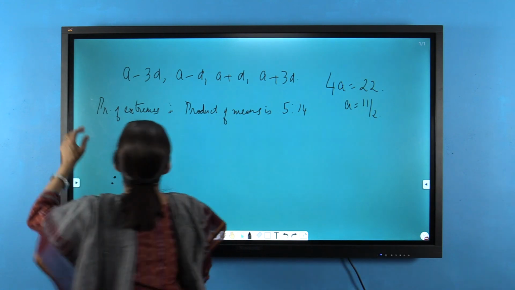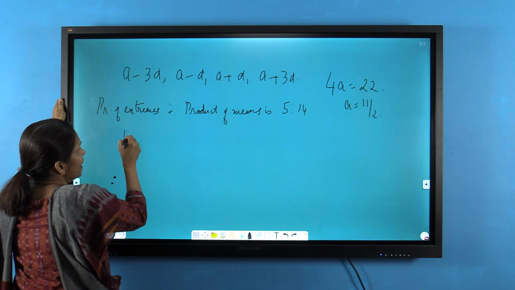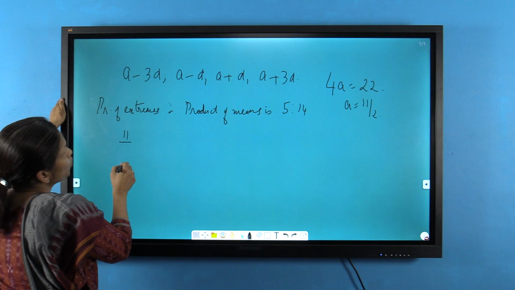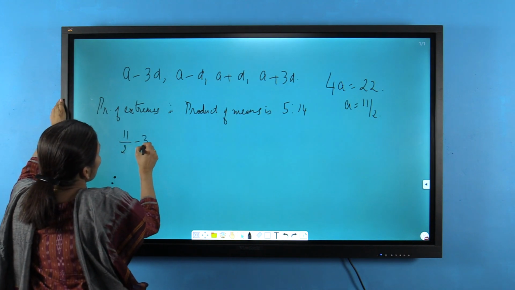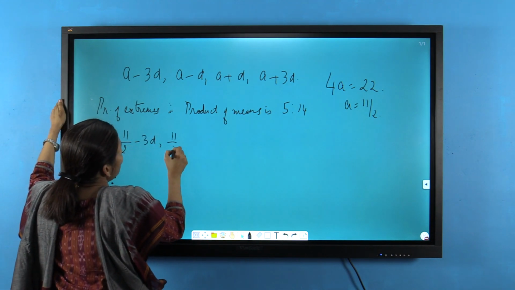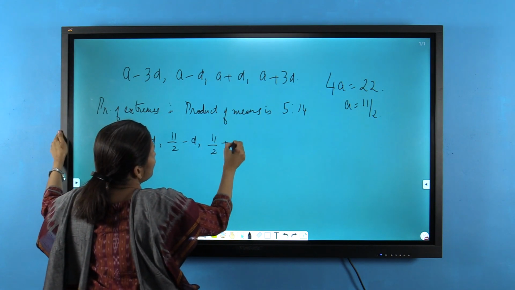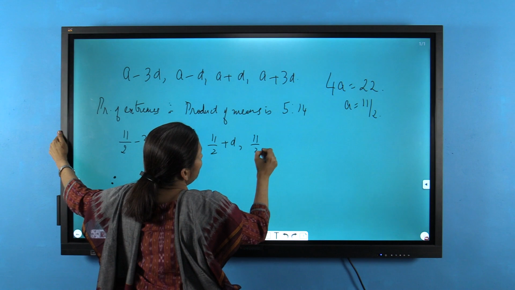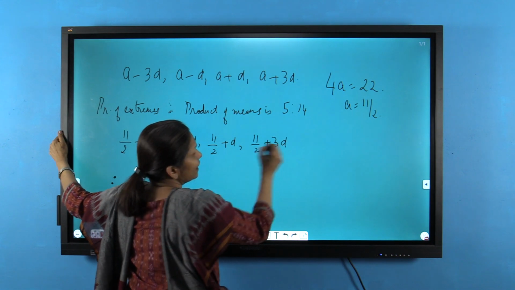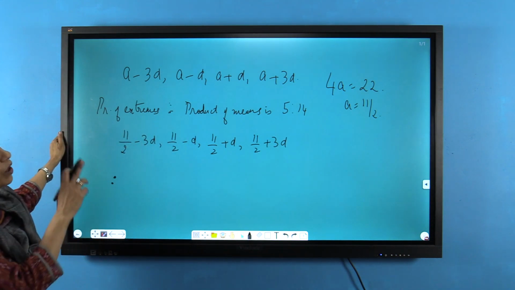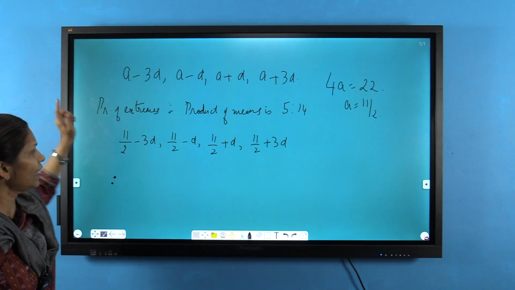So, what are the 4 numbers? 11 by 2 minus 3d, 11 by 2 minus d, 11 by 2 plus d and 11 by 2 plus 3d. These are the 4 numbers. What is given? Product of the extremes.